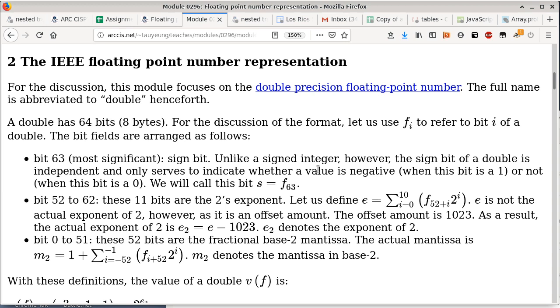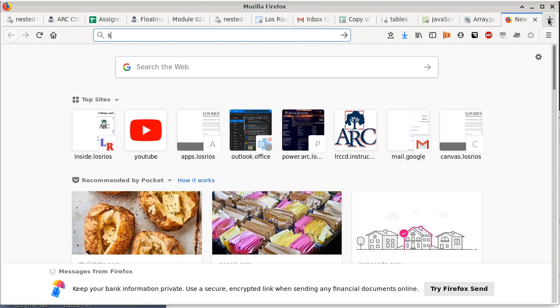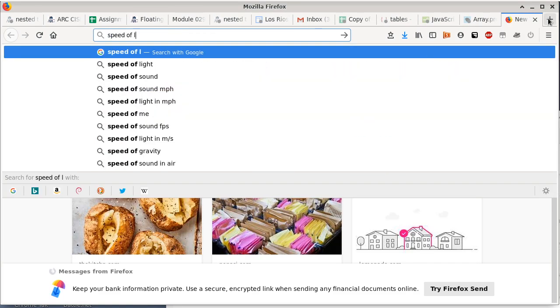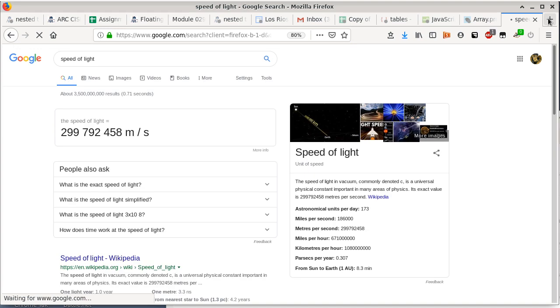Okay. And let me ask you, what is the speed of light? Okay, we'll look it up. And I'll relate it back to the current topic. So we'll look up speed of light. And you will see the speed of light is 299,792,458 meters per second.